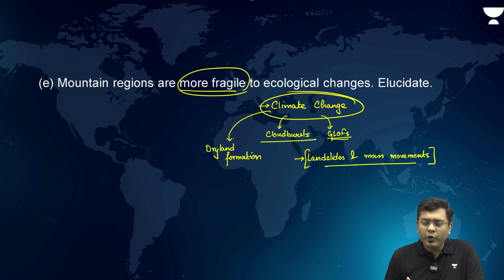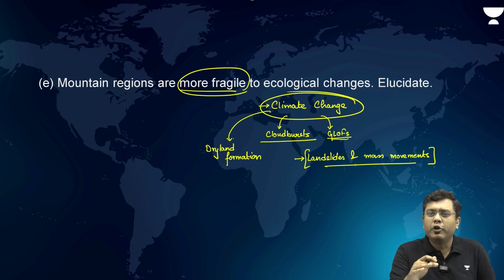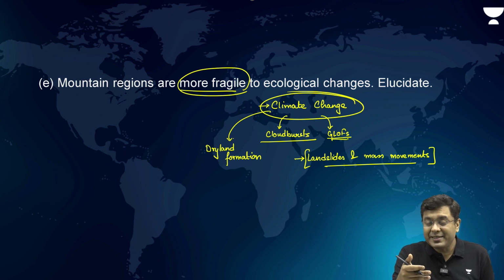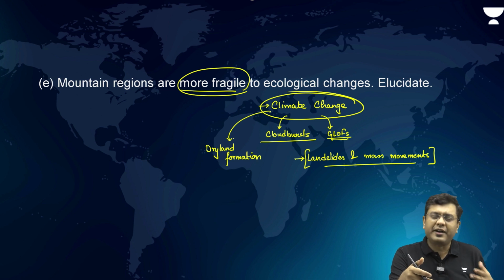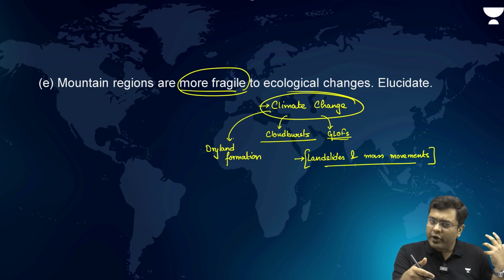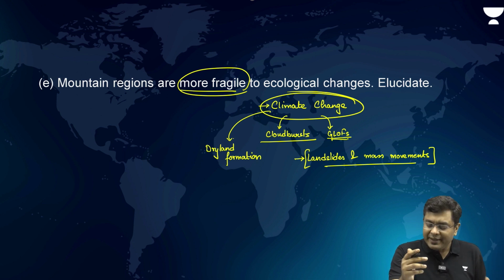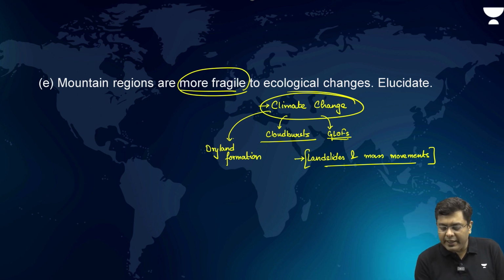Now, also owing to the fact that you have the factor of slope, and when you have the slope which becomes unstable, owing to any of these factors of excessive rainfall or sudden flow of the rivers, then that can also basically lead to increased erosion.